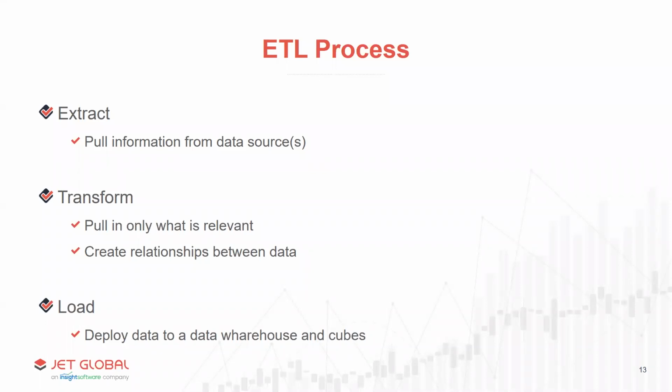When I say relationships between the data, I mean a couple different things. First of all, even if you have one data source, this still needs to be done. If I'm just using Dynamics Nav and I want to build out a complex report, I need to connect multiple tables and fields. So I need to have a relationship between how those different tables and fields are going to be connected, how they're going to interact.